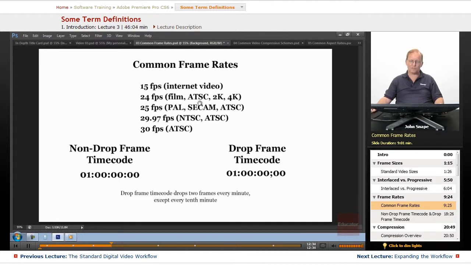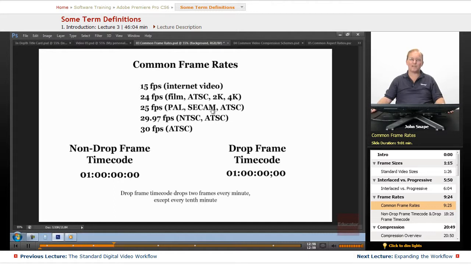The PAL is used for European and Middle Eastern countries and various places around the world, and it's an alternative to the NTSC. They wanted one that used simpler electronics, so they have PAL video, and SECAM, which is a French, I don't remember the French word for it.